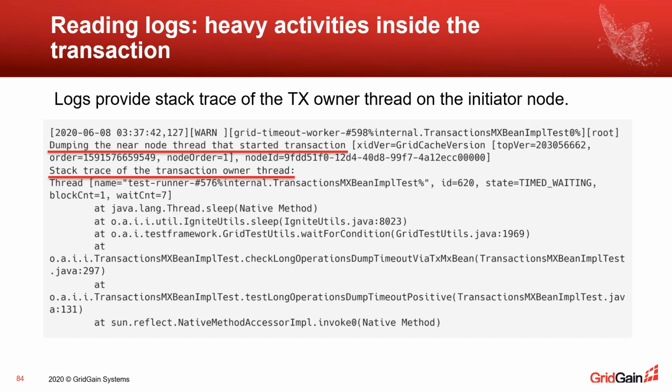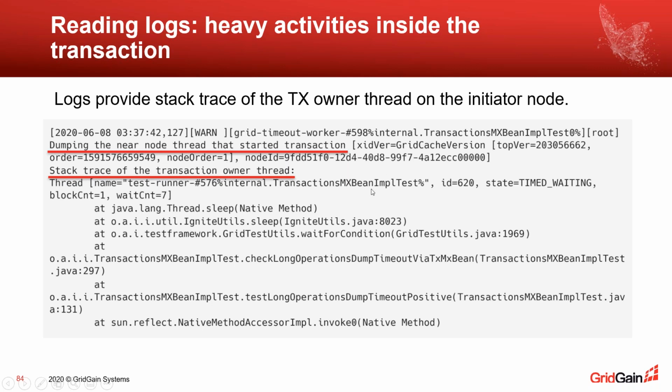Specifically for the case when your transaction may occasionally perform a long call to an external service in transactional scope, there's a monitoring that, in case there's a long-running transaction, sends a request to the transaction's owner node, which dumps its stack trace, and in the server log you may find this message, dumping the near node thread that started the transaction if the transaction is long, and here's the stack trace of the transaction owner thread.